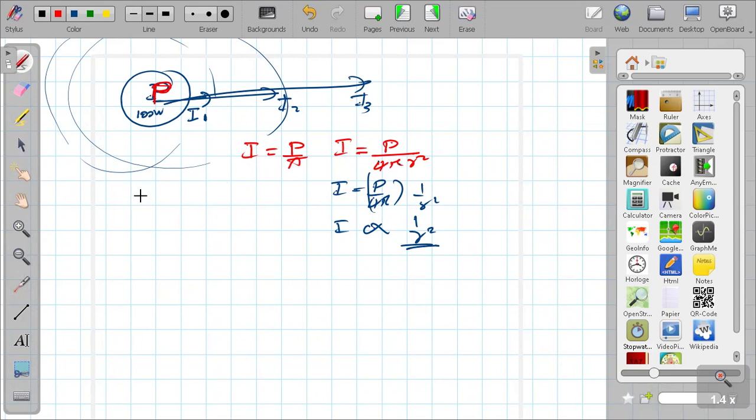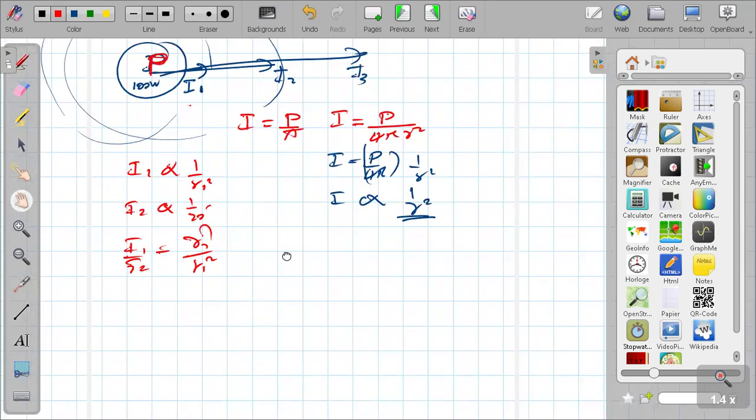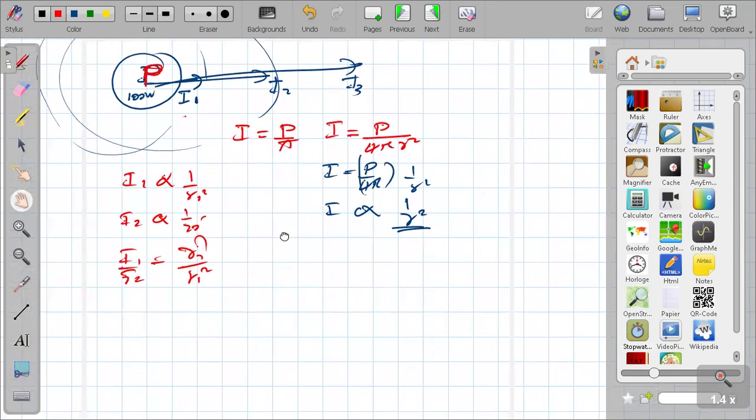For comparing two occasions, I1 is proportional to 1 over R1 square, I2 is proportional to 1 over R2 square. When you divide these two, I1 over I2 equals R2 square over R1 square. This is additional information, not necessary for the calculation of the above question, just memorizing some important theory parts.